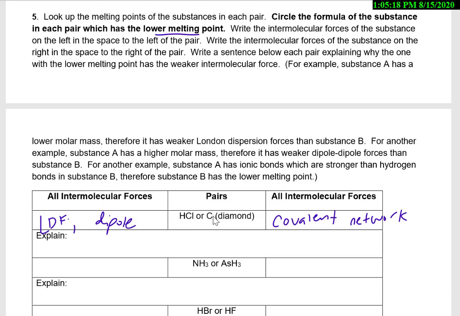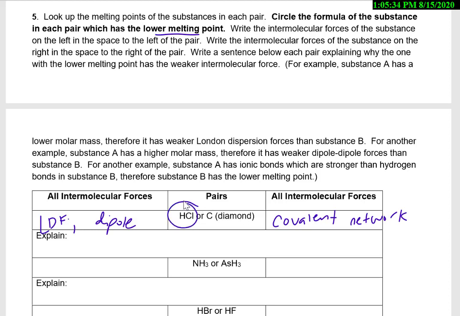And so here what we can say is we know that carbon automatically has higher melting or boiling point because it has one of the primary bonding forces, which is ionic, covalent, or metallic.